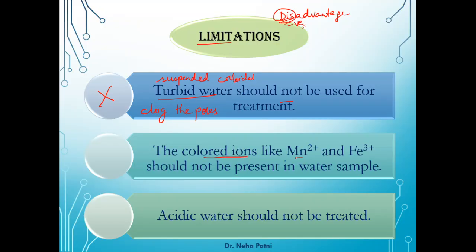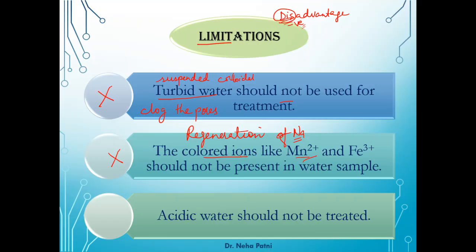The second limitation is the colored ions. If the water has those ions, they are also going to get exchanged by sodium. But at the same time, there is a problem related to regeneration of your zeolite. The regeneration of Na is not possible effectively when these ions are getting exchanged. So the water should not contain these colored ions, otherwise the sodium will not be regenerated. That is a limit to the process.